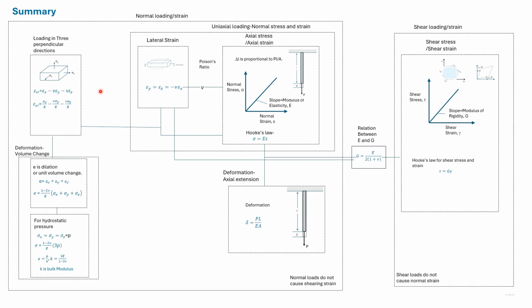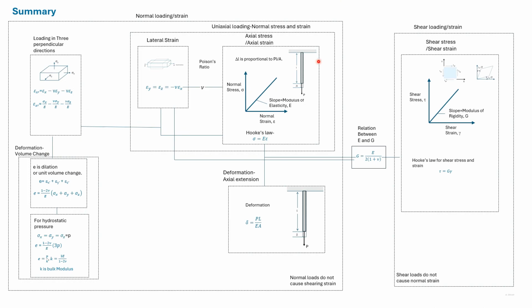It is given as axial strain in the x direction, minus nu epsilon y, minus nu epsilon z. The last two terms are lateral strains due to stresses applied in the y and the z direction. Writing this expression in terms of sigma and E, we get this new formula.